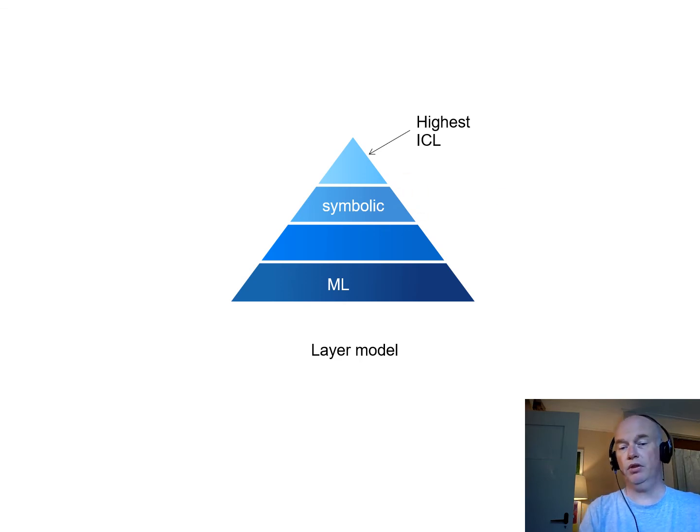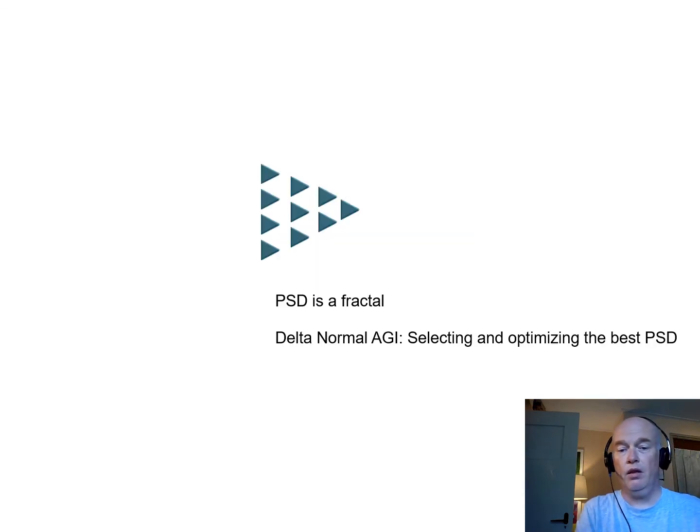And this total is of course then a layered model. The PSD is a fractal, so a total PSD can be made up of smaller PSDs, and the Delta Normal AGI is all about selecting and optimizing the best PSDs.